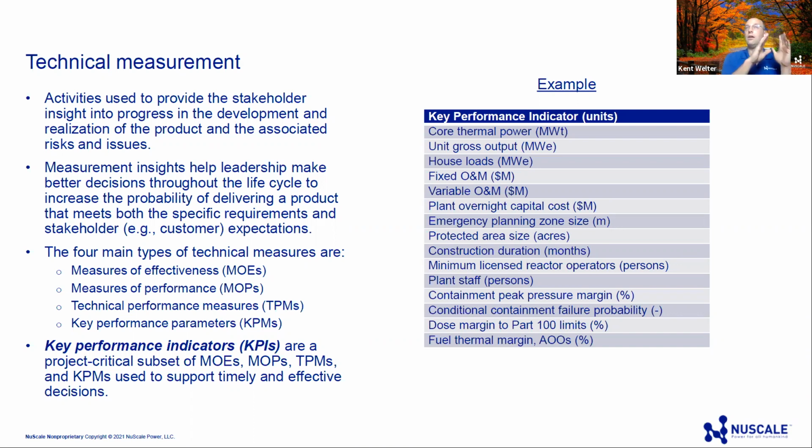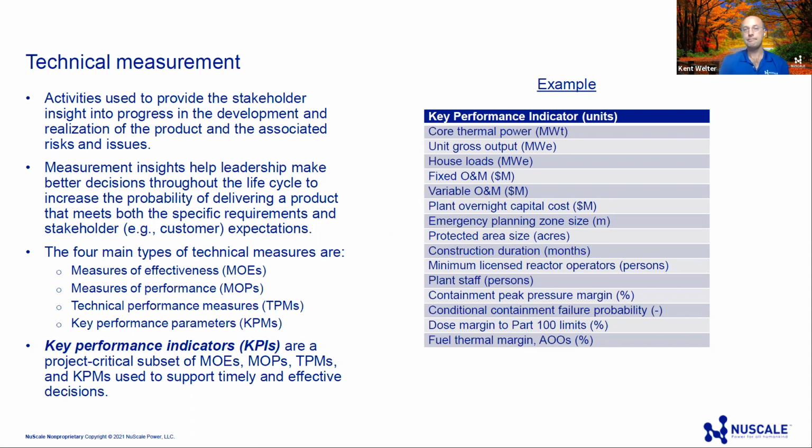But the key is to evaluate all your design constraints as soon as possible, early in the design process, look for a subset of KPIs and formalize those into a decision-making process. The four main types of technical measures, I won't necessarily get into these, are called measures of effectiveness, measures of performance, technical performance measures, and key performance parameters. Long story short, KPIs are just a subset of all those four main categories of technical measures.